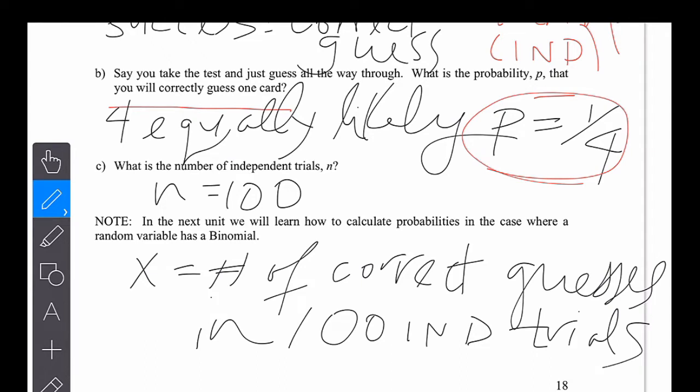All right, and the possible numbers it could take on: it could be no successful guesses in 100, 1 successful guess, 2, up to 50, 51, all the way to 100, okay? So I'm just showing you all the possibilities. Those are the possible outcomes. How many possible outcomes are there?